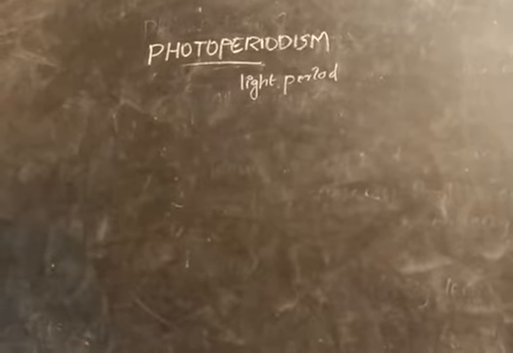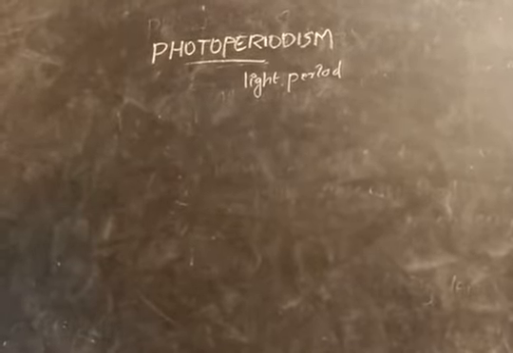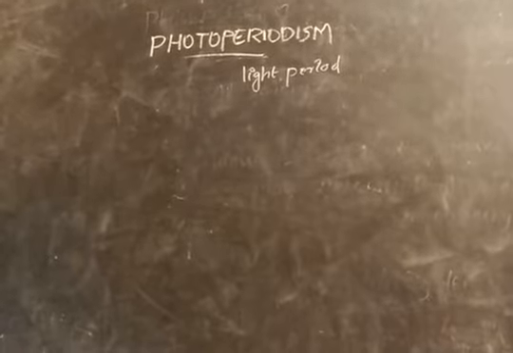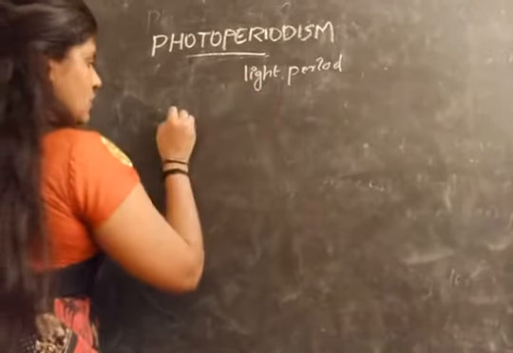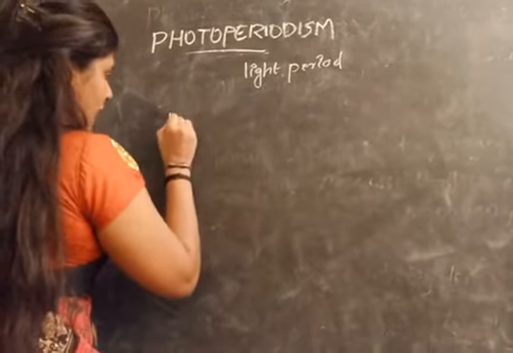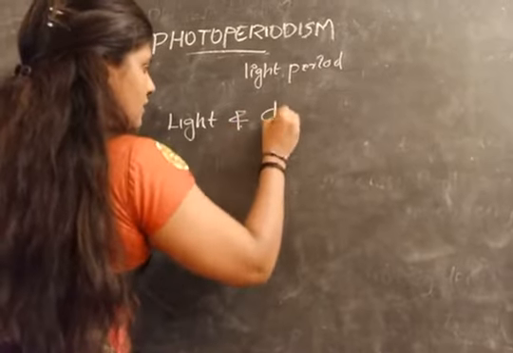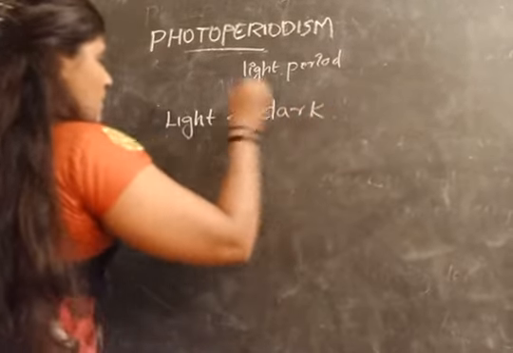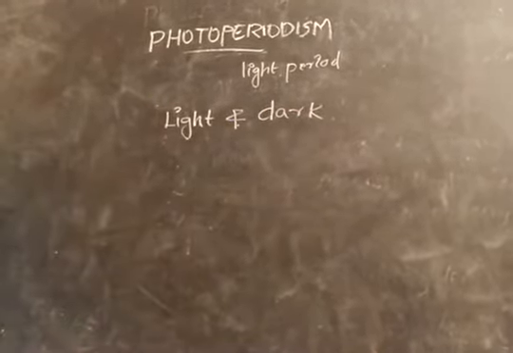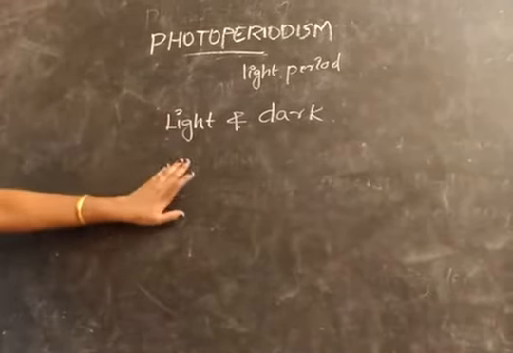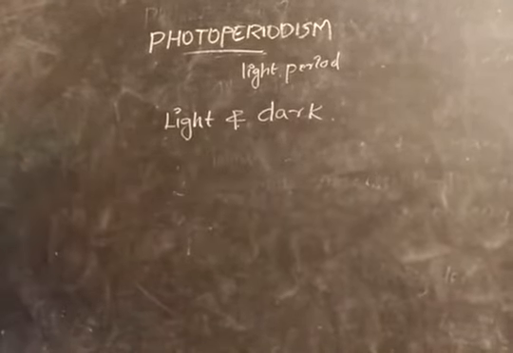Photoperiodism is a physiological change in flowering due to the relative length of light and darkness. So, flowering depends upon the relative length of light and darkness.